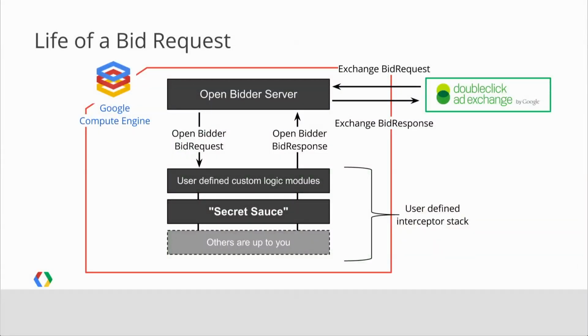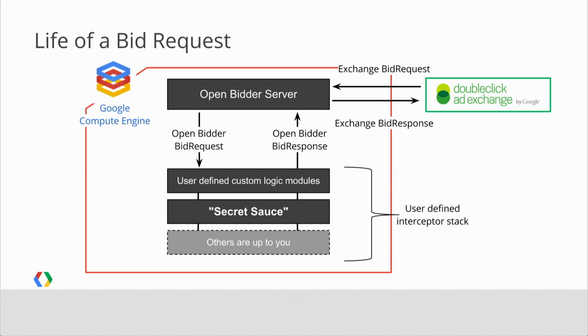That really happened today. Anyway, I'd like to walk you through the life of a bid request real quick in the context of OpenBidder. The red outline is Google Compute Engine, where our virtual machines run OpenBidder servers. We'll use the DoubleClick Ad Exchange by Google as an example of an exchange, sending an exchange-specific bid request into OpenBidder.